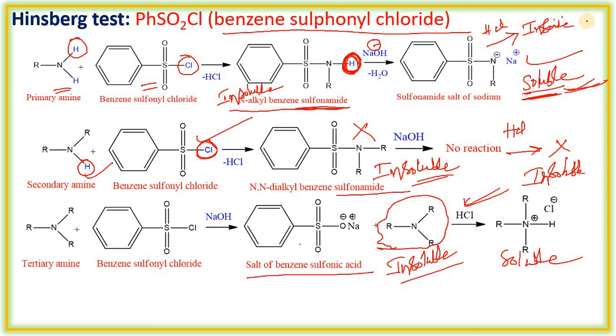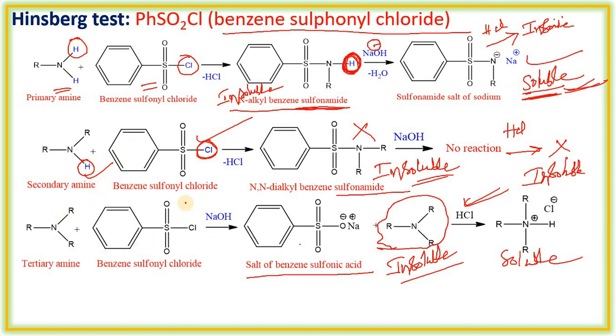So how can you distinguish primary, secondary, tertiary? First you treat with Hinsberg reagent, benzene sulfonyl chloride and sodium hydroxide. If you get soluble compound, it will be primary. If you get insoluble compound and when you treat with HCl, it is soluble. When you treat with HCl, it is insoluble, then it will be secondary amine.